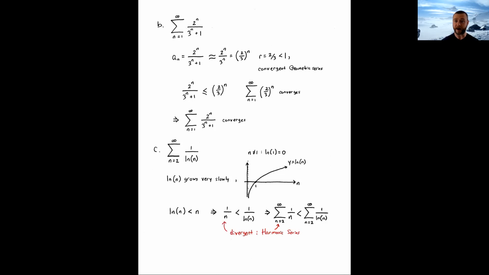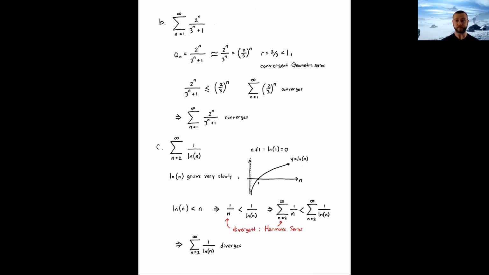Usually for the harmonic series, the starting index is 1, but the index value doesn't matter for convergence or divergence for the starting value. So our smaller infinite series here, the harmonic series, is divergent, which then means that the bigger infinite series, our infinite series with term 1 over natural log of n, has to diverge as well.